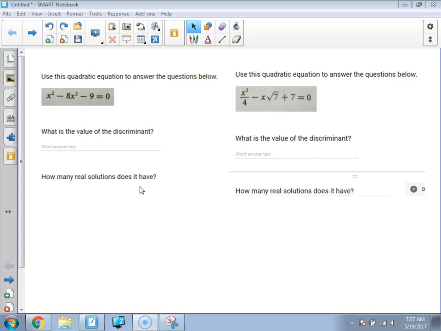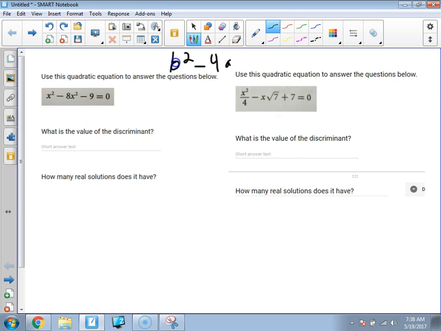22.3a deals with something called the discriminant. The discriminant is part of something called the quadratic formula. We'll talk about the quadratic formula on Monday. But part of the quadratic formula is to calculate the discriminant, which is the value of b squared minus 4ac.